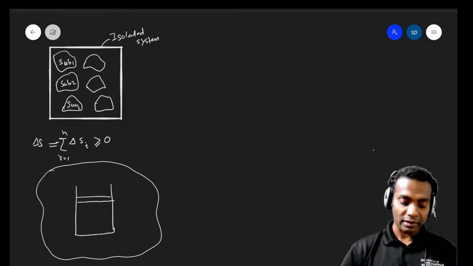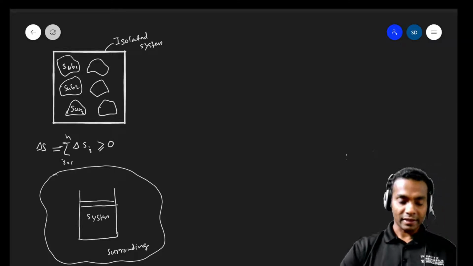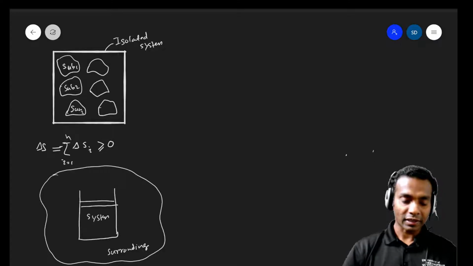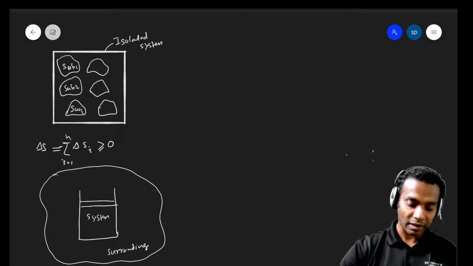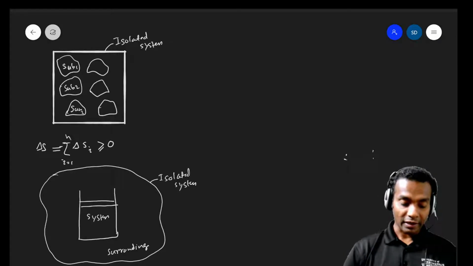I say that this is my system, and I'm taking a substantial amount of surroundings around it as a second subsystem, and then say this boundary is an isolated system, a sufficiently large boundary. So this is called extended system ideology.